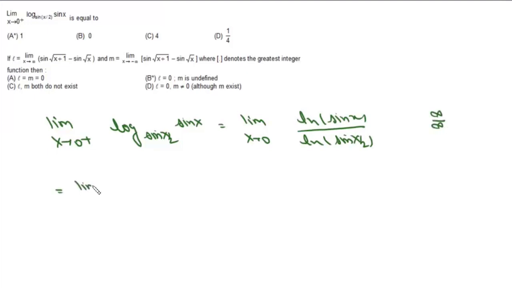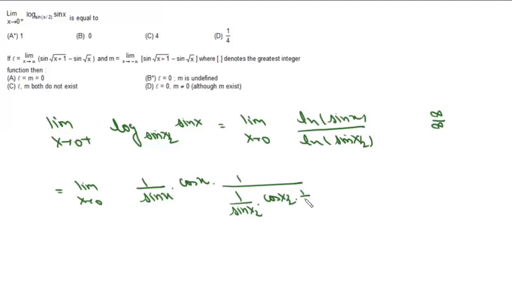So it will be this limit x tends to 0, and here will be this 1 upon sin x into cos x, and this one is 1 upon sin x by 2 into cos x by 2 into 1 by 2.